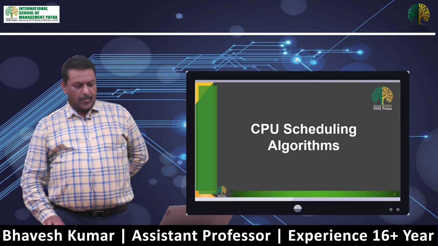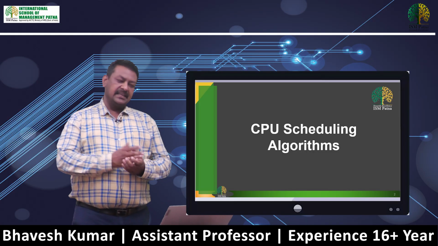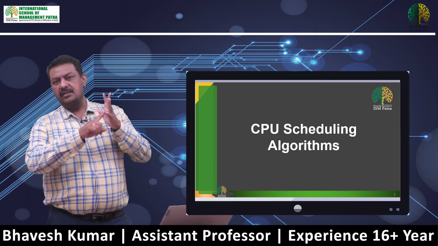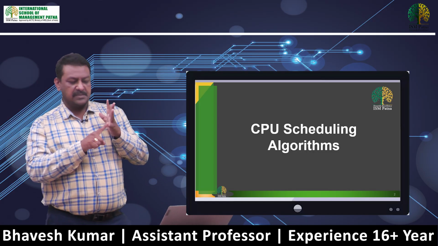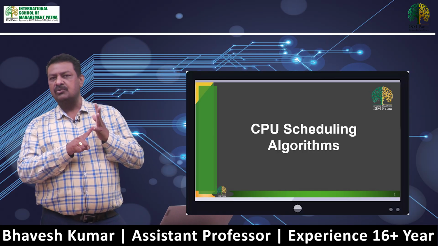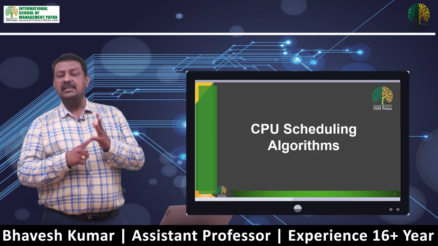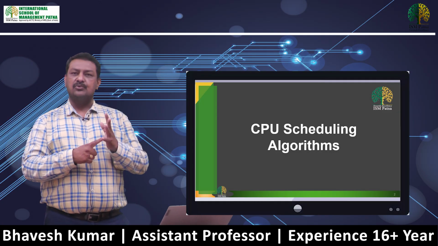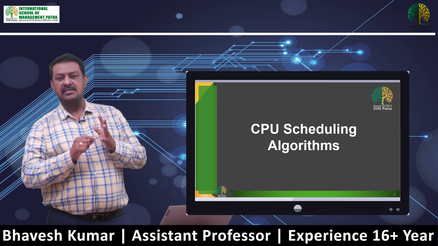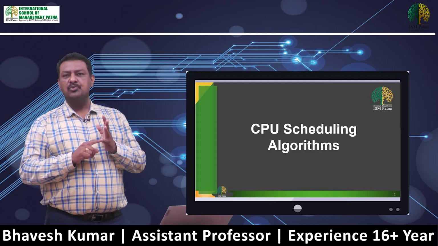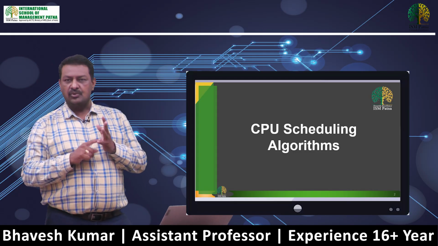Right? Now, the thing which is important to understand here is, first, what is the purpose of this particular CPU scheduling algorithm and how it works. The second is what information you need if you are given a question that these are the processes and this is the CPU scheduling algorithm to be used, how they will be scheduled.